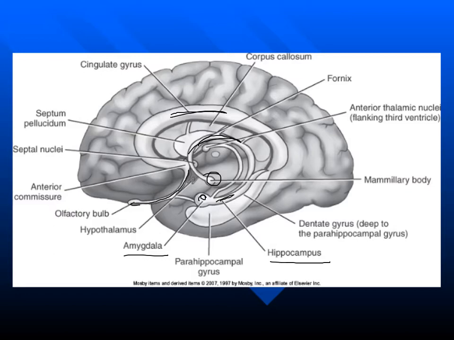The way I always remember the limbic system is this: remember when you were a child and you were at your mother's house, and maybe there was a particular thing that she always did. For example, in the holidays, she baked cookies. So the smell of those cookies has always stayed in your brain.